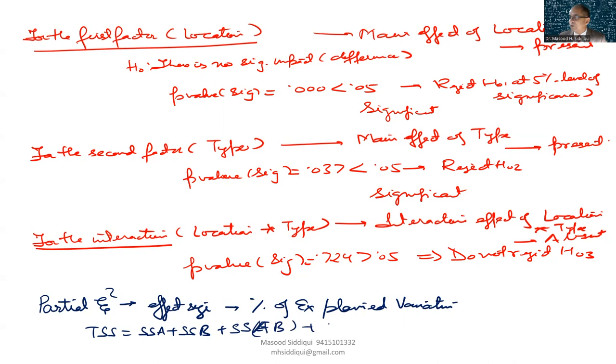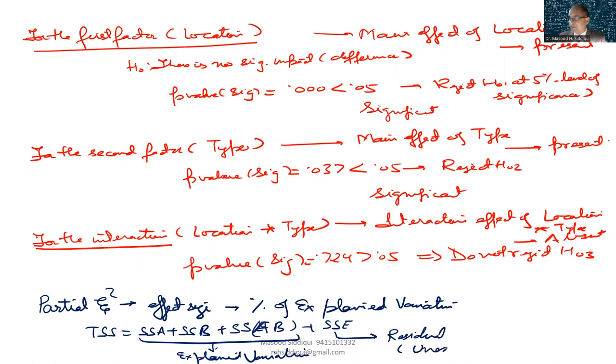And the last one was SSE, that is the unexplained part. So these three are known as explained variation, and this is known as error or the residual or unexplained. Right? So it provides us the effect size, the percentage of the explained variation. Higher the value, higher is the contribution.